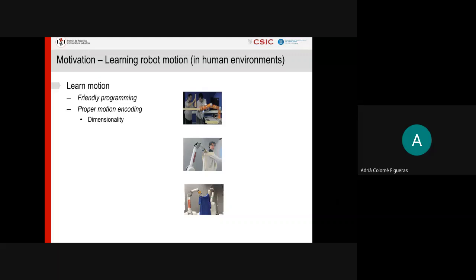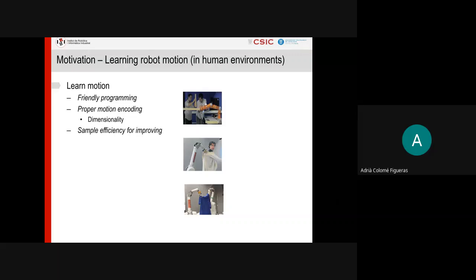If we want the robot to learn, we will need the robot to generate new motions, so that the robot can explore freely, or in certain conditions, about the motion that we have just taught it. So if we have a motion characterization, a mathematical model, that is too large in terms of the dimension of the parameter space, then the robot will be unable to perform efficient sampling on this search space that it wants to improve the motion on. So this is something that we need to take into account.